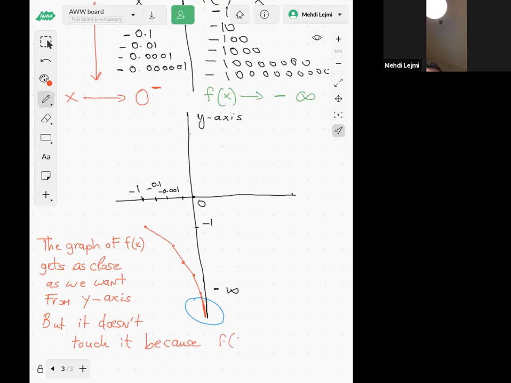So you see what happens, guys. The problem here is that f of 0 is undefined, right?